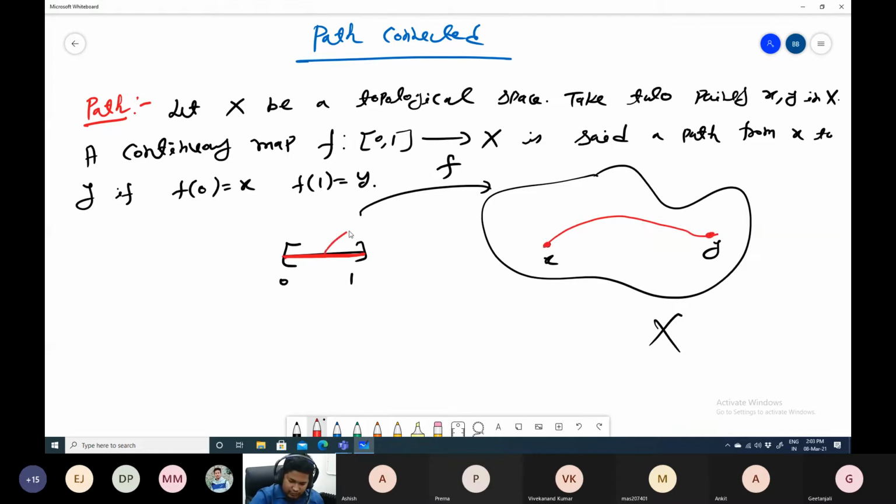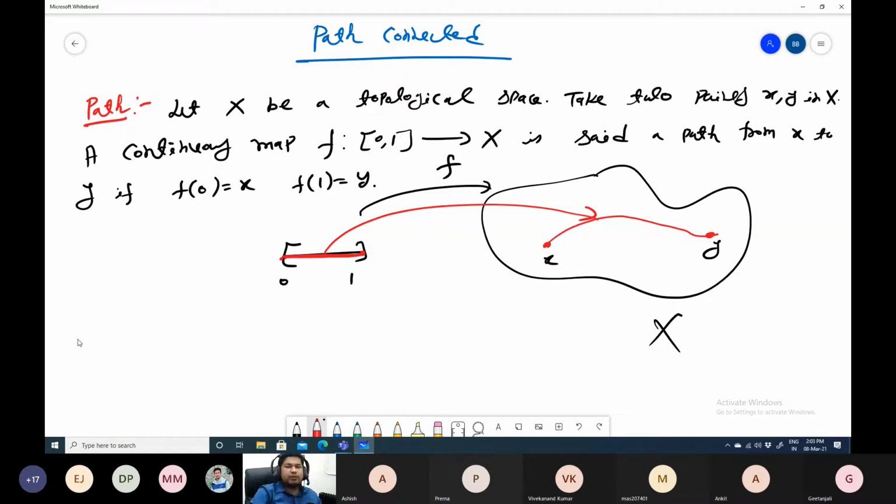So this one goes to this. It is a path. Okay. So when path means it is a continuous function, and it is from x to y, what does it mean by that? When we say a path from x to y, that means at the initial point 0, the value is x, and at the end point, the value is y. Okay, then we say that f is a path from x to y.